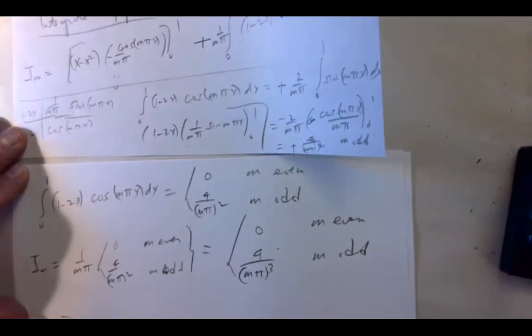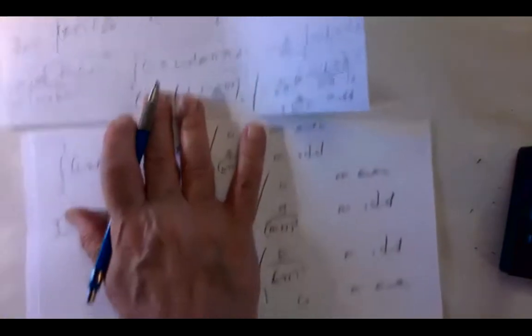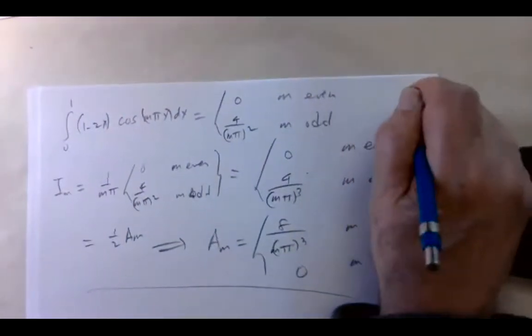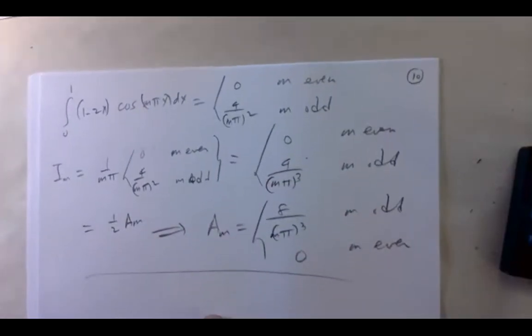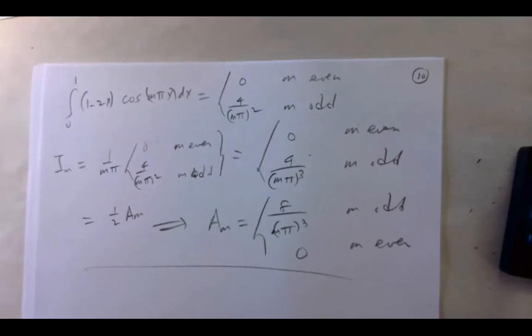And all of this is equal to 1/2 a sub m. So my Fourier coefficient looks like it's equal to 8 over m pi cubed if m is odd, and 0 if m is even. So there's at least a 50-50 chance this is right, but there's a big calculation. I could have made a mistake, but it looks so good so far.